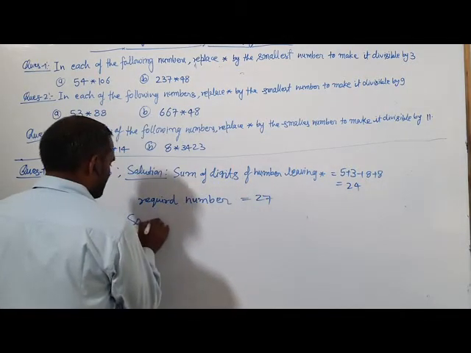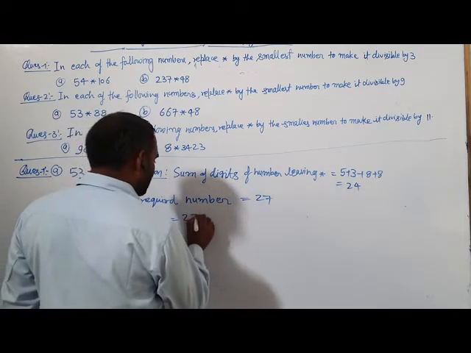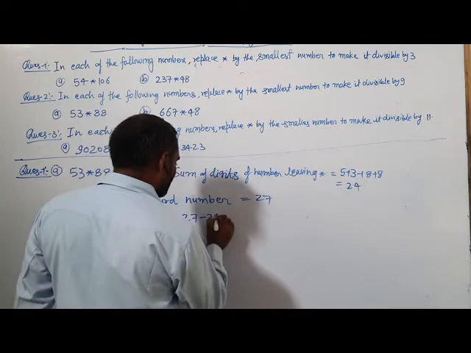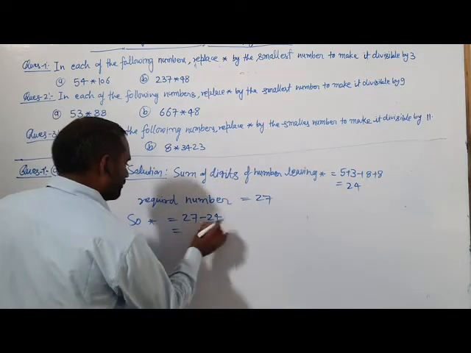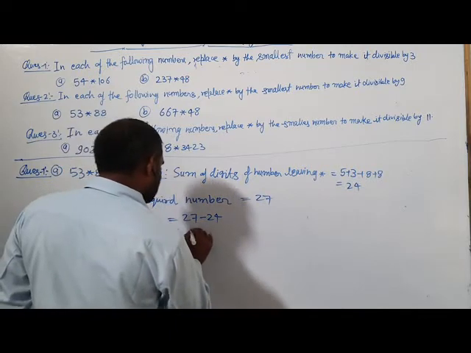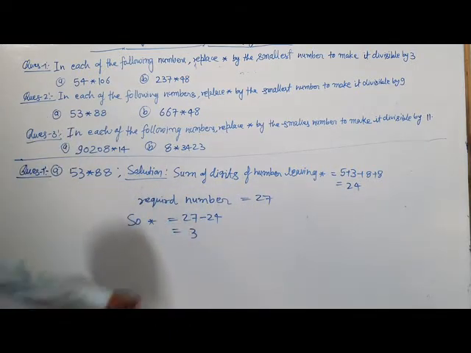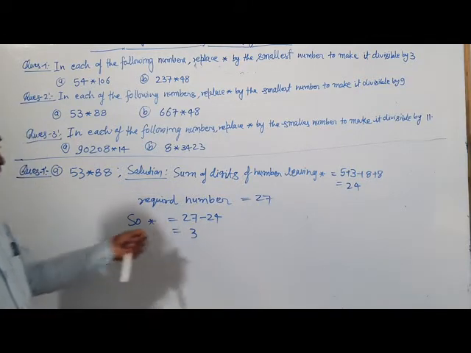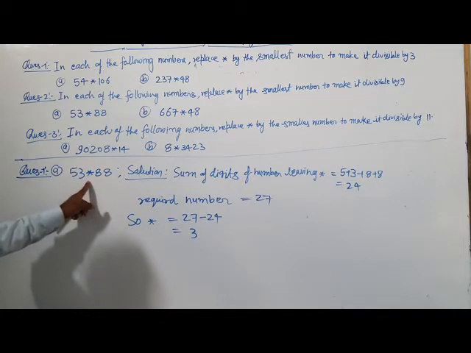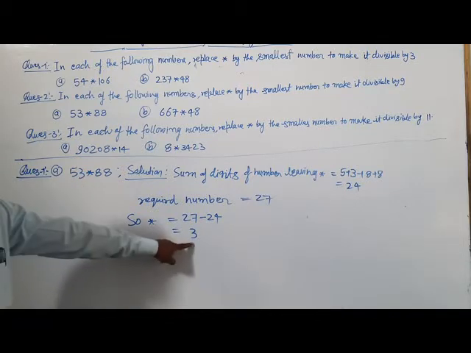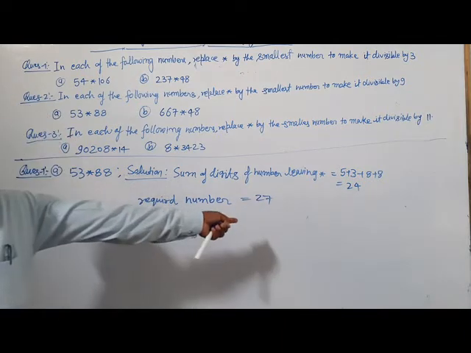So star is equal to 27 minus 24, which is 3. If we replace star by 3, then the sum of digits will be 27, which is divisible by 9.